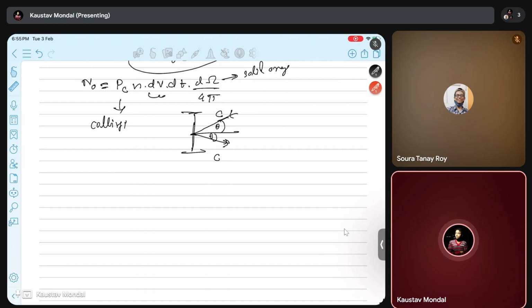So the total change in momentum, delta p, let's write it as capital P, is 2mc cos theta.